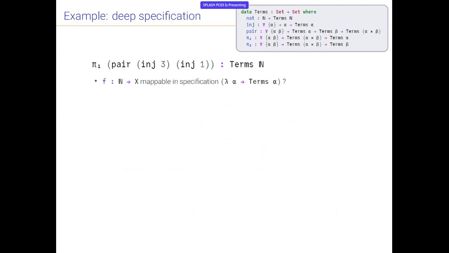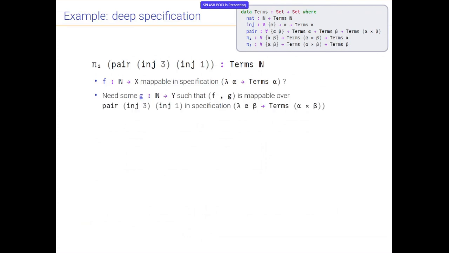So if I ask, is f from n to x mappable in the specification lambda alpha terms alpha, what does it entail? Well, I see in the definition of pi1 that to be able to apply recursively the map from my f from n to x, I need to have a pair of functions from which the first component is f.